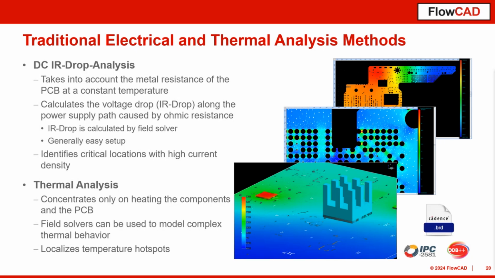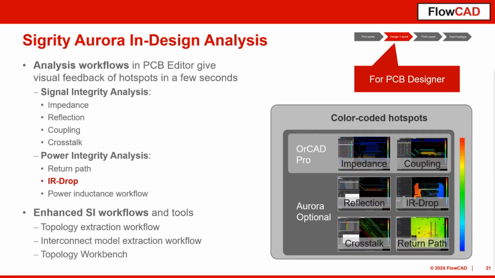But step by step, I want to show you right now what we can do in which stage. Starting in the early design stage, we can use the so-called Clarity Aurora product, which enables you to stay in the PCB layout design flow without changing to any other external simulation tools.